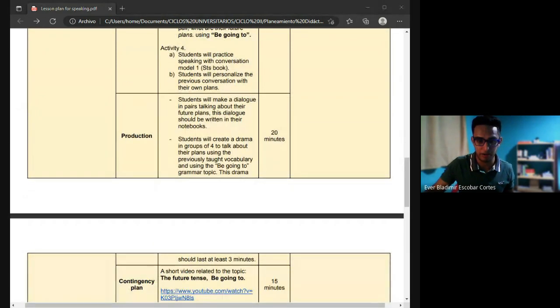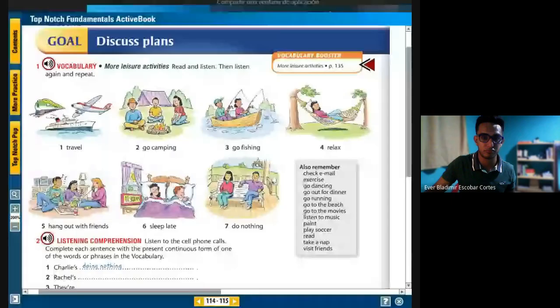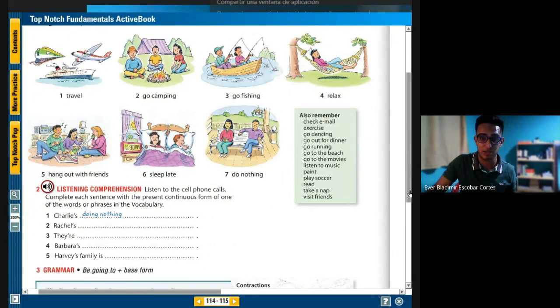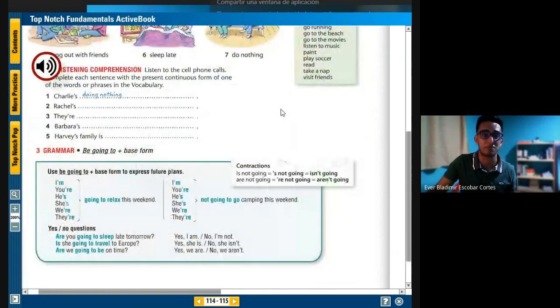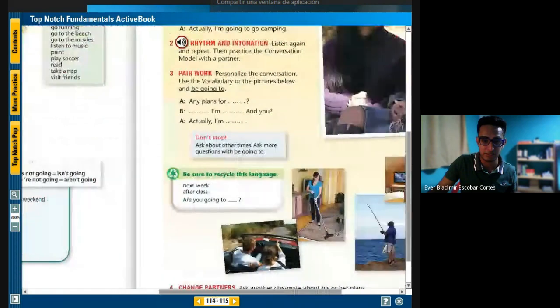I mean, here is the book. I am going to be showing you the book. All right, here's the book. Well, the first activity, this is the vocabulary, all the vocabulary. Obviously, there is more vocabulary the students have been provided, the listening, comprehension, and the grammar practice.